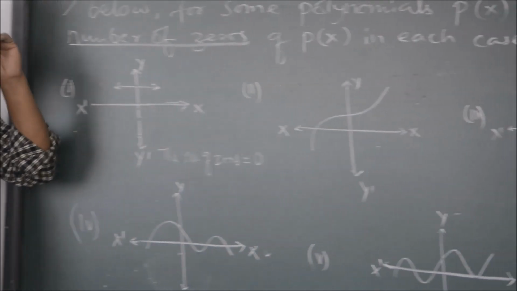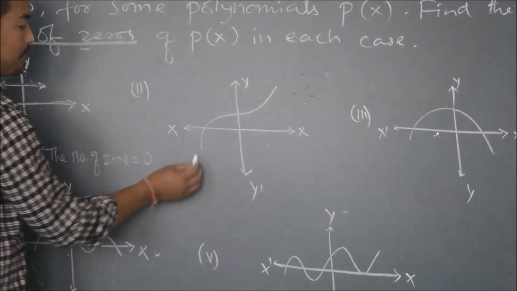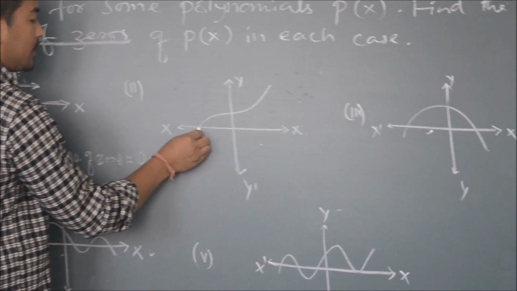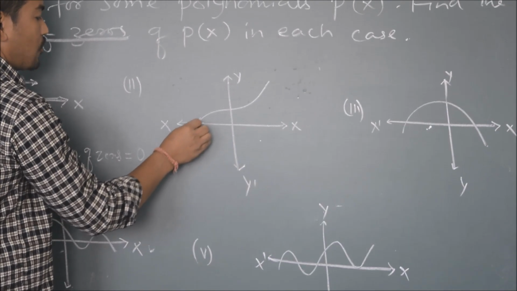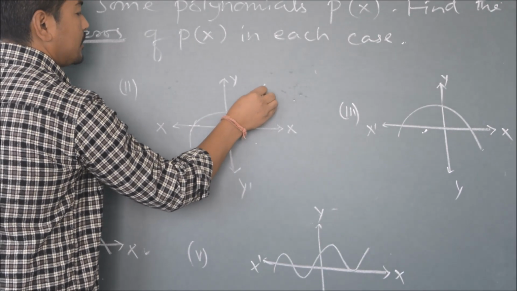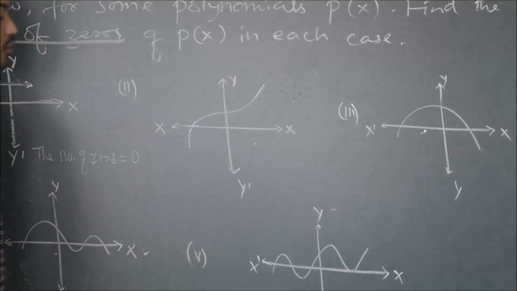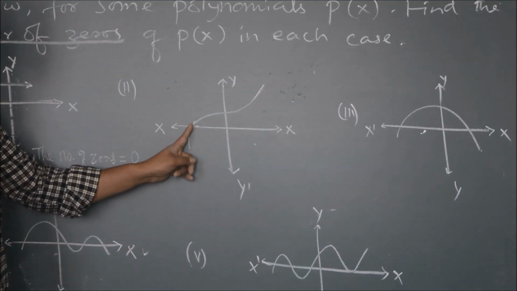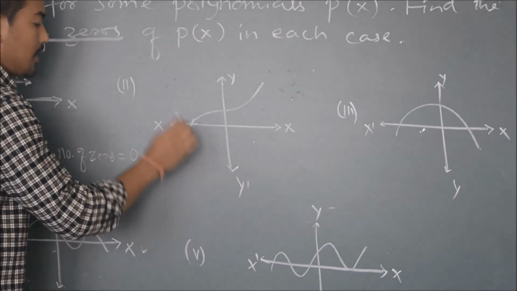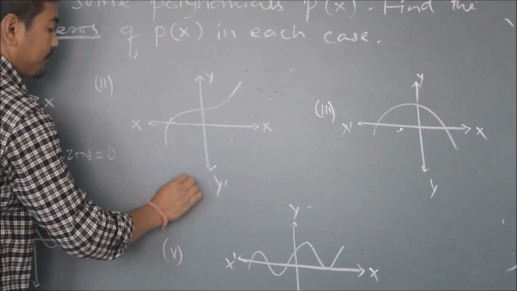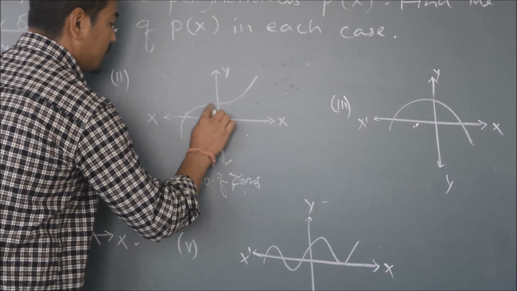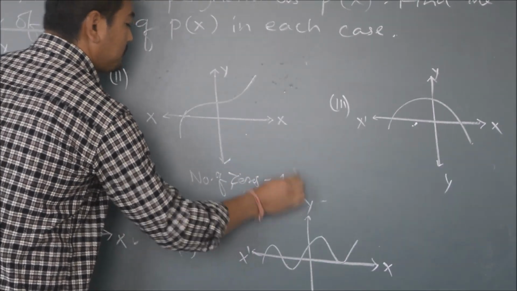Let's come to the second graph. This graph going this way cuts the x-axis one time here, and it never cuts it again. So how many times does it cut the x-axis? Only one time. This is the point where the graph cuts the x-axis. So the number of zeros this polynomial can have is 1.